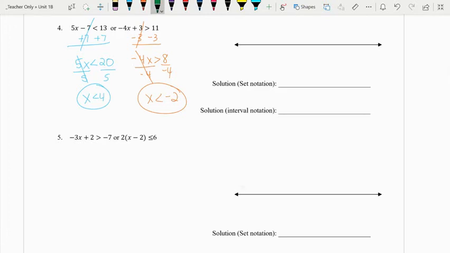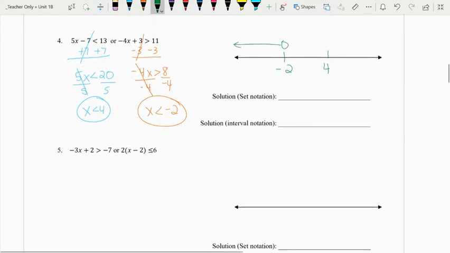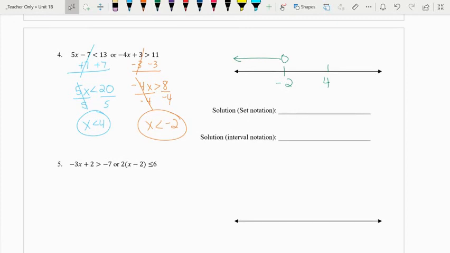When we go to graph this, we have -2 and 4. Looking at -2, x is less than -2, so it would be open to the left. And the other one is also less than 4, so it's going to be an open circle to the left. Now, because this is an OR, only one line or two has to be above it.